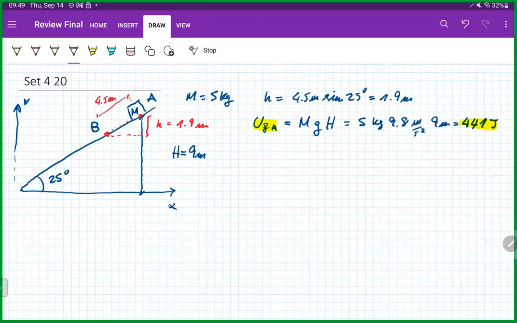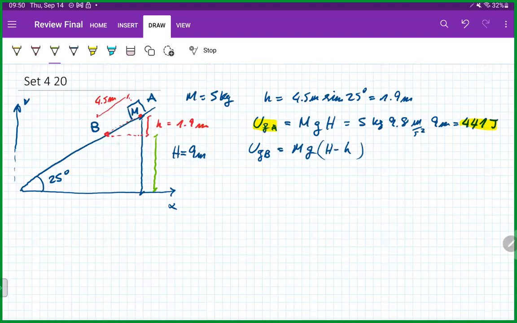So what we're doing here is calculating UG for point B, and that would be mg big H minus 1.9. Right? So H minus, let's put this, H minus small h, because we want the actual height for point B, right? So do not confuse it with just a small h.